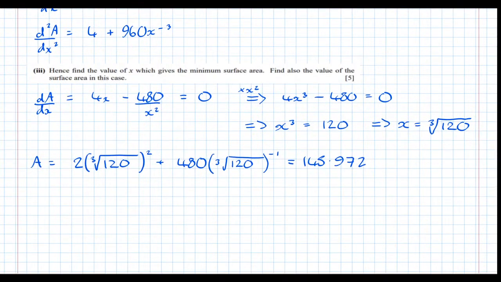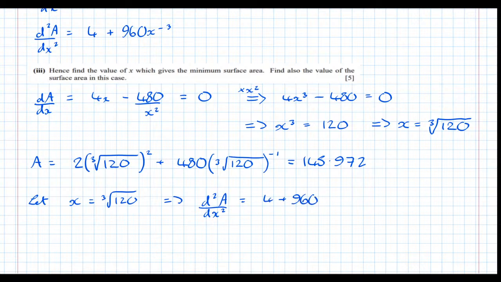So, let x equal the cube root of 120 again, which means that the second differential, d2A by dx squared, equals 4 plus 960 times the cube root of 120 to the power of minus 3.